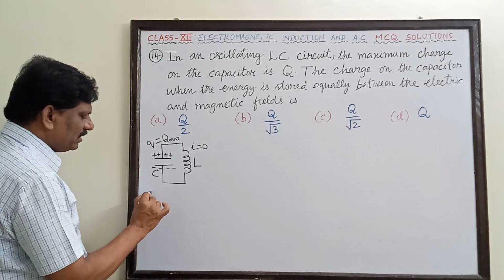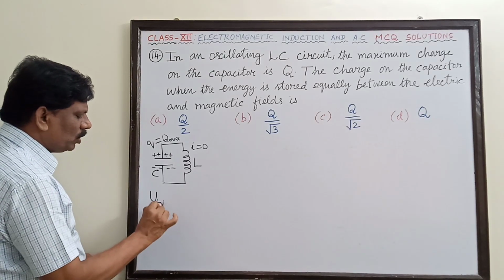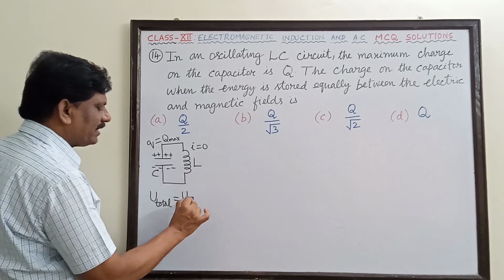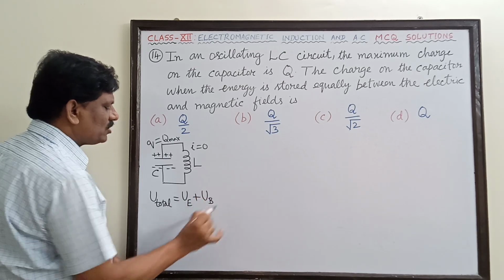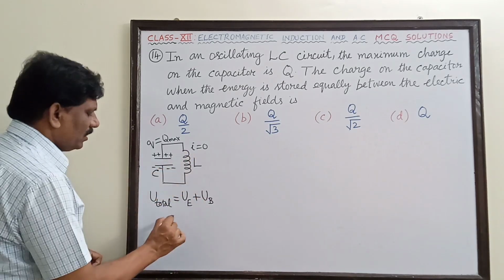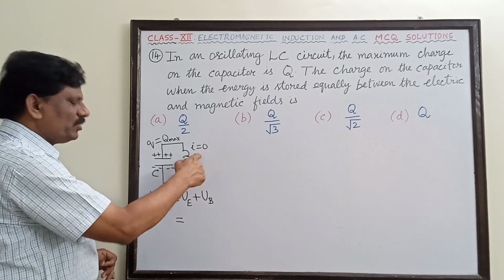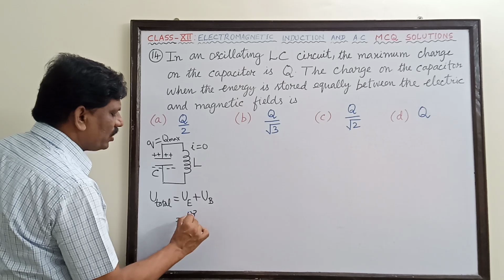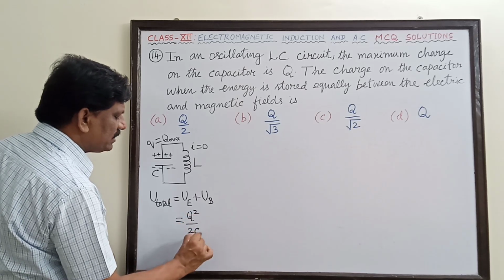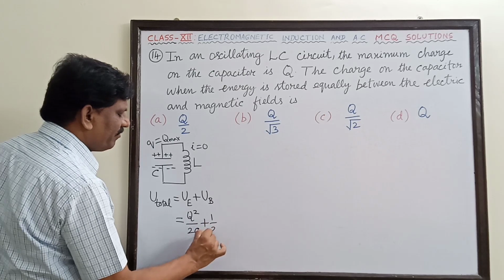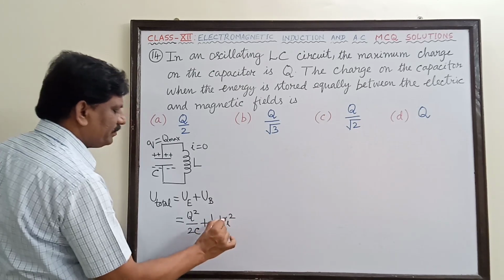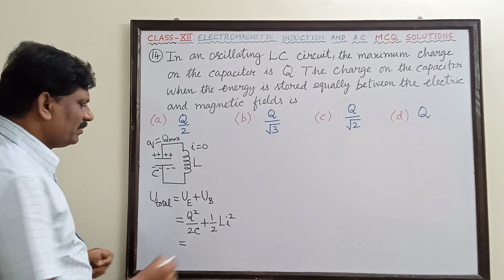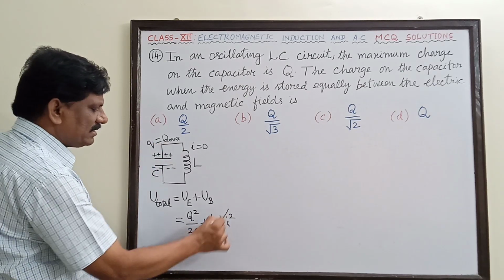Now, the total energy U total is equal to the electrical energy stored in the capacitor plus the magnetic energy stored in the inductor. So this is Q square divided by 2C plus half L i square. Initially, the charge is maximum and the current is 0, so this term gets cancelled.